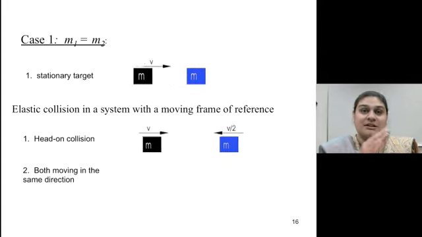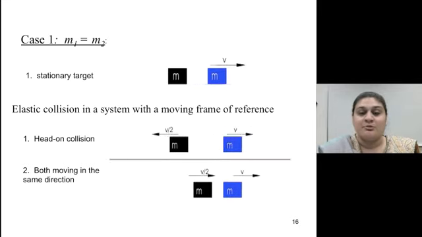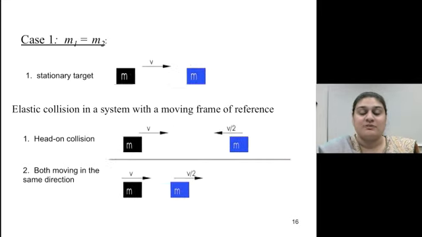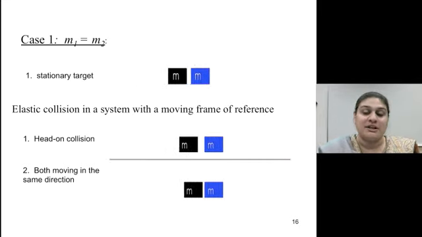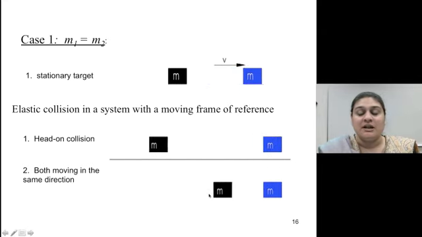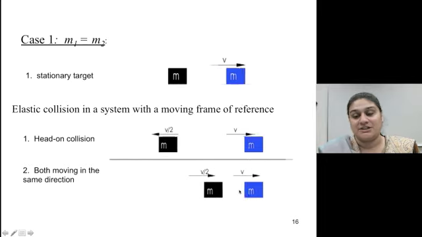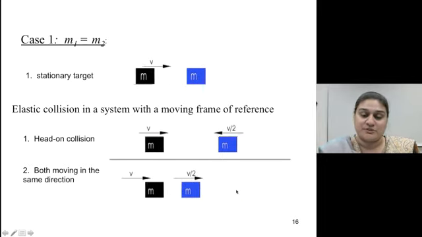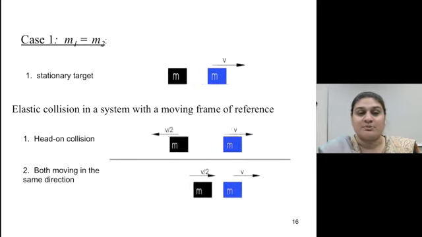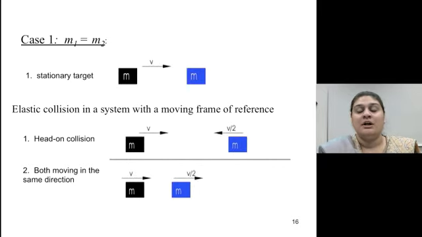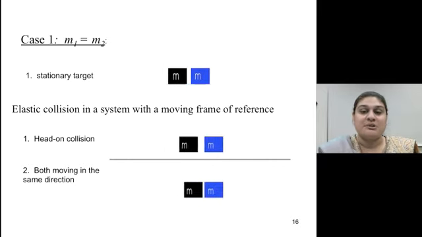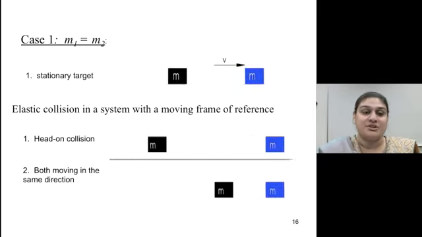So it's basically a velocity exchange. Both are moving in the same direction. If the black one carries velocity v and m2 is carrying half the velocity, then the velocity gets transferred and they still move in the same direction. I'm going to pause here for a minute while you look at all three animations and see how the velocity gets transferred.